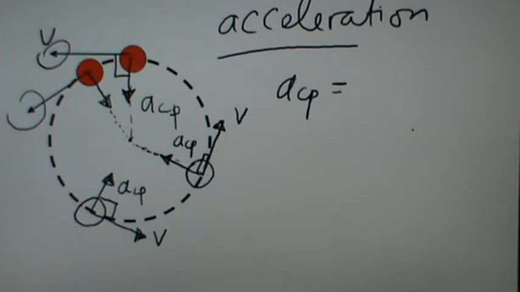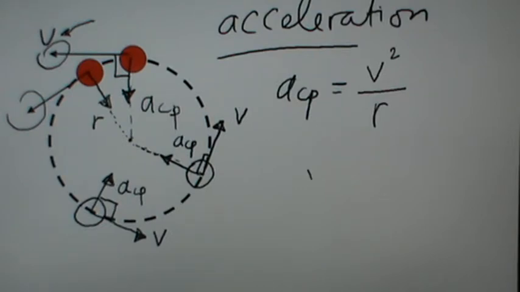You must know that the centripetal acceleration depends on the radius of the circle r and also the linear velocity v. Therefore, the magnitude of the centripetal acceleration is equal to the square of the linear velocity v divided by the radius of the circle r.